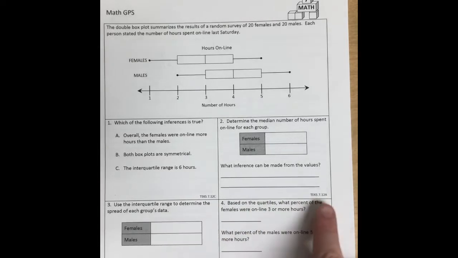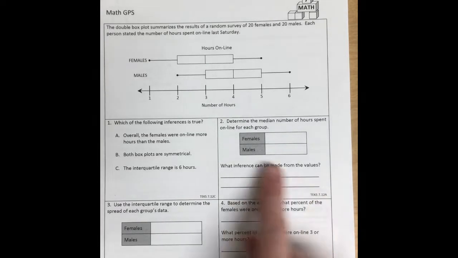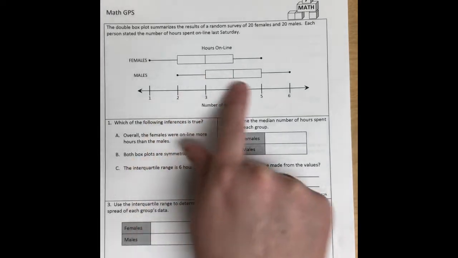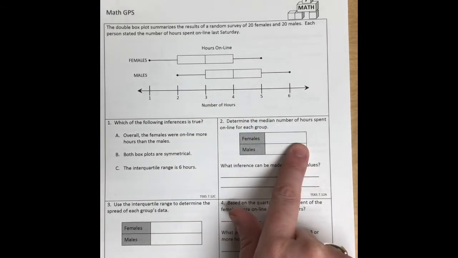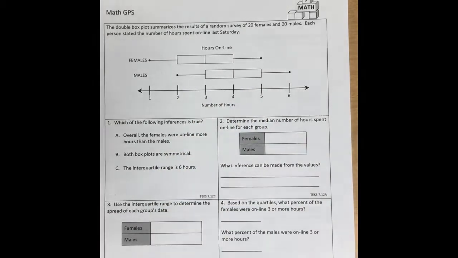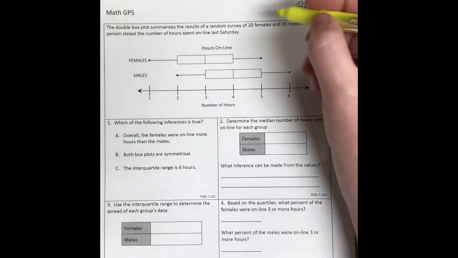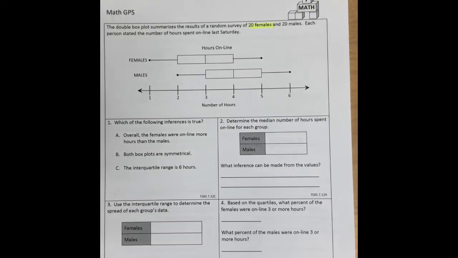Okay. This is the only one we're going to be doing, but we are going to be using this box and whisker plot to solve this one. This came out of our GPS book that we would be working on if we were still here. Okay, I'm going to start off by reading up here. It says the double box plot summarizes the results of a random survey of 20 females and 20 males.